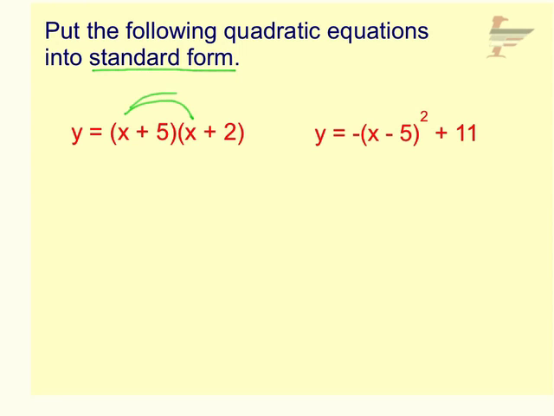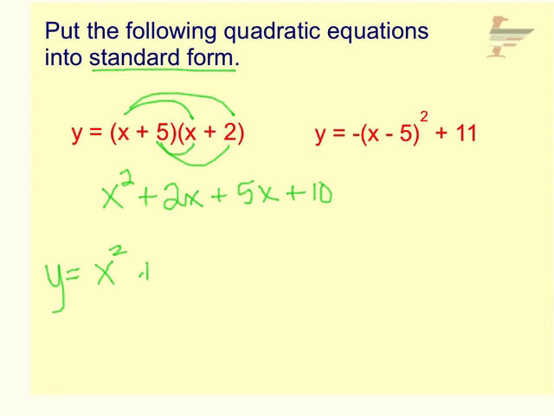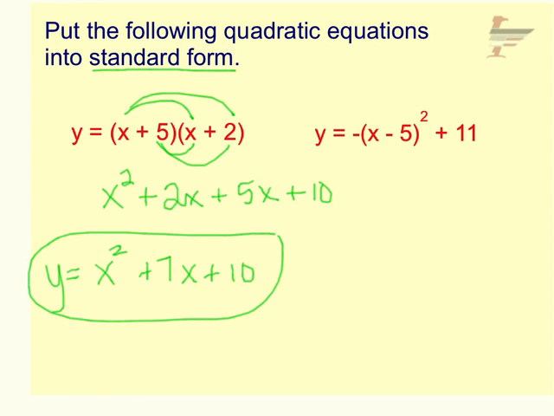If we go ahead and FOIL this, what we'll end up with is x squared plus 2x plus 5x plus 10, or combining like terms, y equals x squared plus 7x plus 10. And now it looks like that standard form, where our a value is in front of our x squared, that would be a 1, our b value is 7, and our c value is 10. So from here we could find the vertex to graph and all that good stuff.